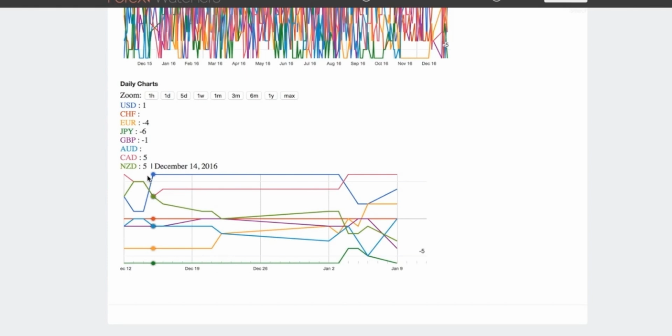New Zealand at 5. Pound at -1. So pound is neutral. Aussie is neutral. There's nothing there. Japanese yen at -6. Euro at -4. Okay, and then everything else is neutral. So these are the most important ones: CAD, New Zealand, yen, and euro.